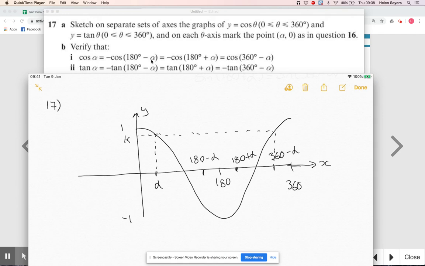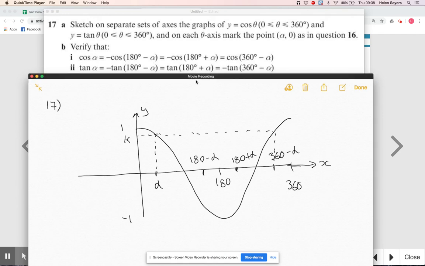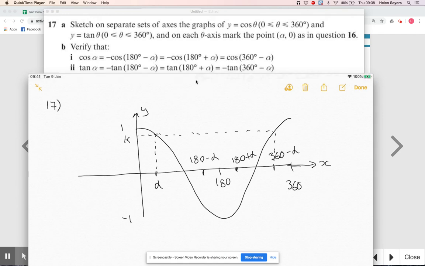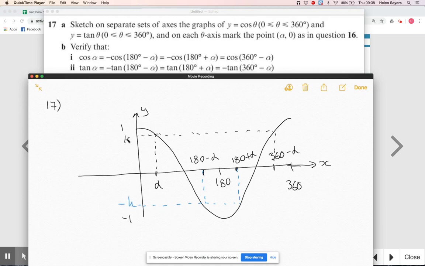Then they're basically saying the other two clearly don't equal the same, because they're going to give me negative values of cos. But they're just asking me to verify that it would be the same magnitude, so the same value, but this one will be positive and this one will be negative. And that is because the graph has rotational symmetry, about 90.